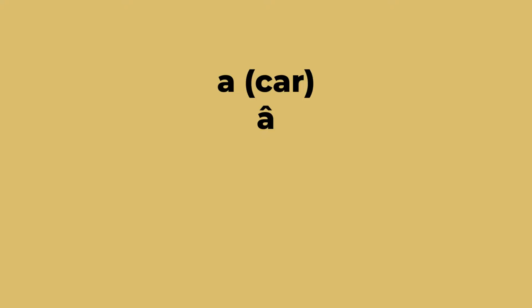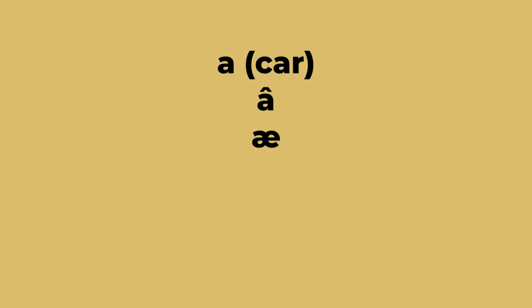Let's start with the letter A. You have different accents and ligatures, which you can see right now. And how are we supposed to pronounce them? A, like in car. The second one, with the accent circonflexe, is going to be pronounced â. So it's deeper. A versus â.